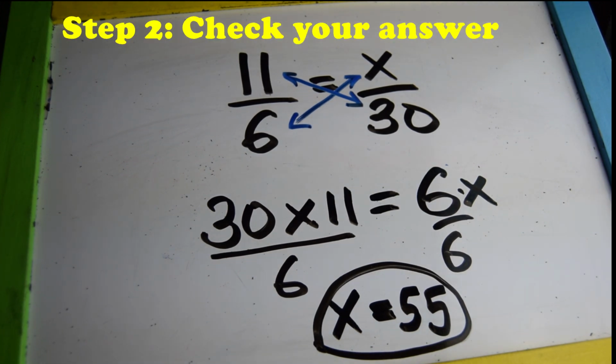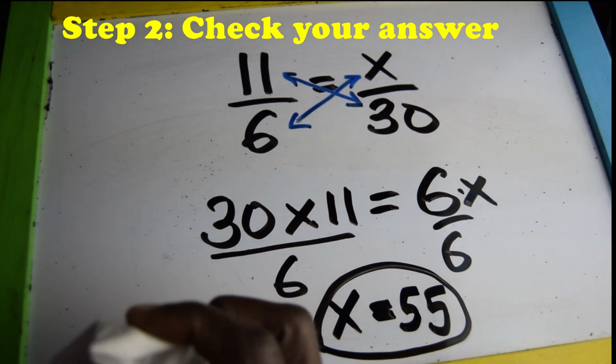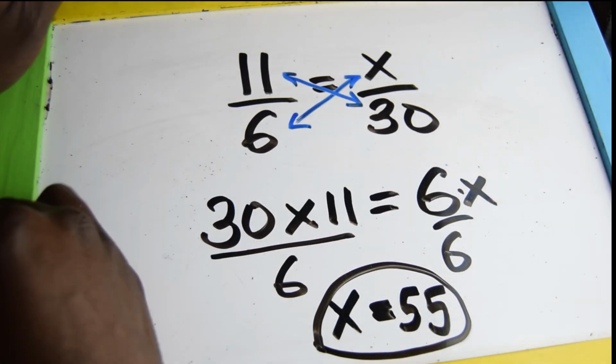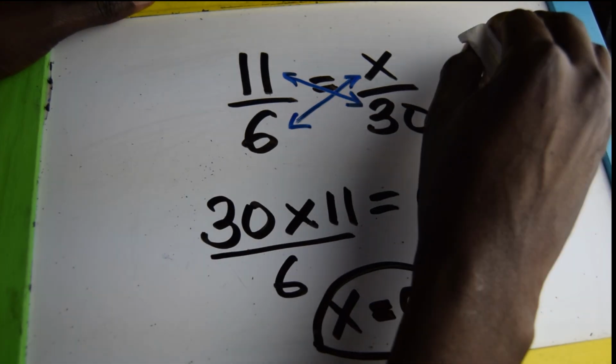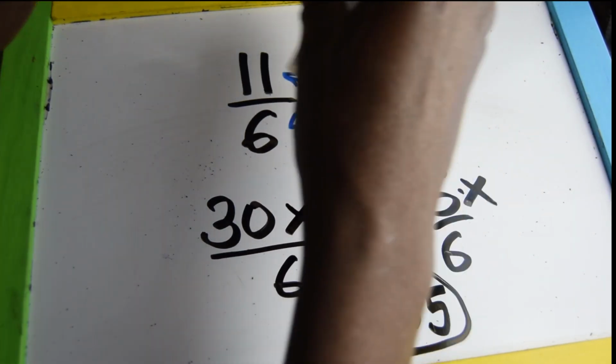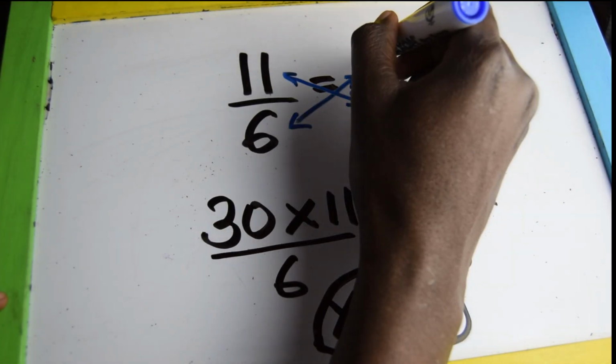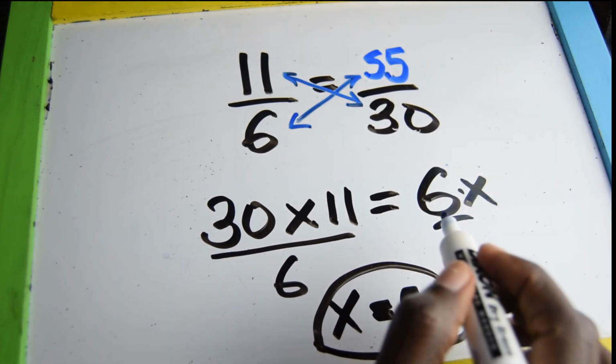What if I want to check my solution? Now 11 over 6 equal to 55 over 30. So how do I check this? I will put 55 right here. So 11 over 6 equal to 55 over 30.